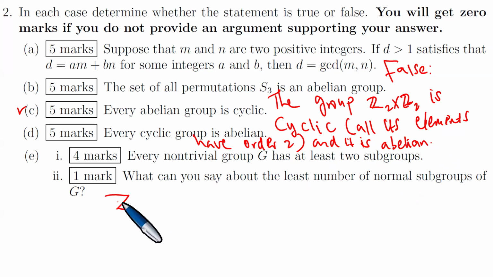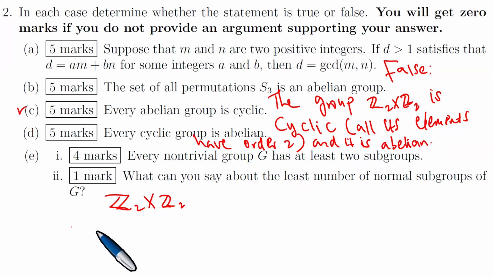If you look at the group Z2 cross Z2, all its elements have order 2, and it is abelian. Every abelian group is cyclic? Now, if you look at this group, all its elements have order 2, and it is most certainly abelian.